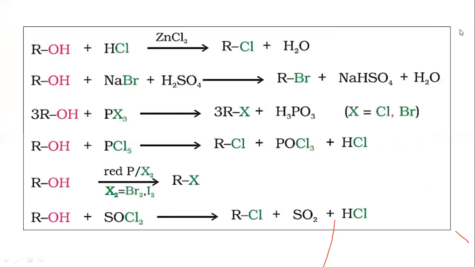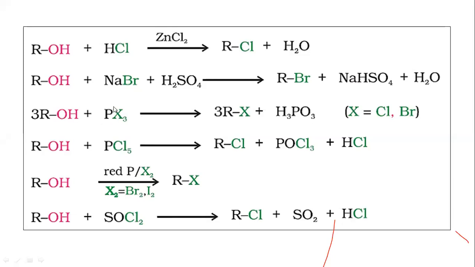See, in this slide, I have shown all these previous reactions at a glance. First reaction is with Lucas reagent, HCl and ZnCl2. The second one is the preparation of bromides, NaBr plus H2SO4, this HBr is prepared in situ.